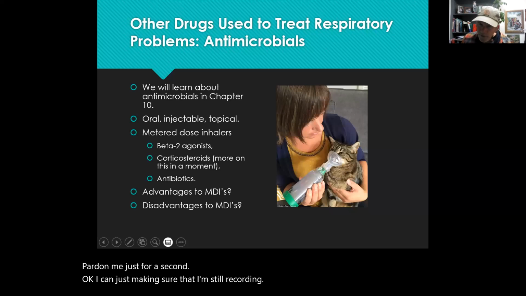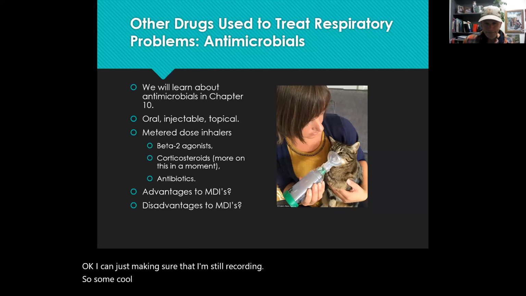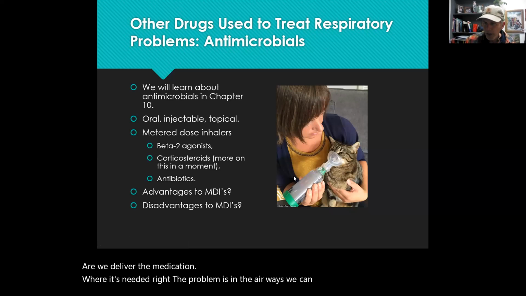So some cool advantages are we deliver the medication where it's needed, right? The problem is in the airways. We can deliver it to the airways.